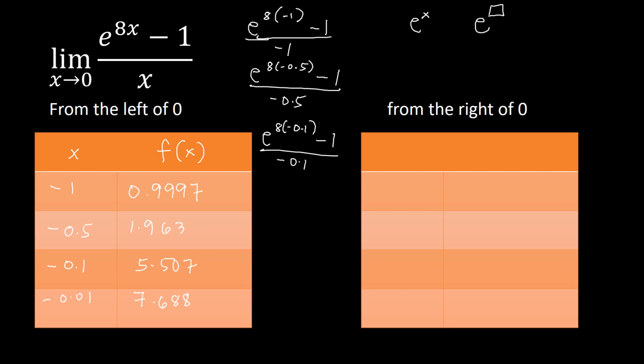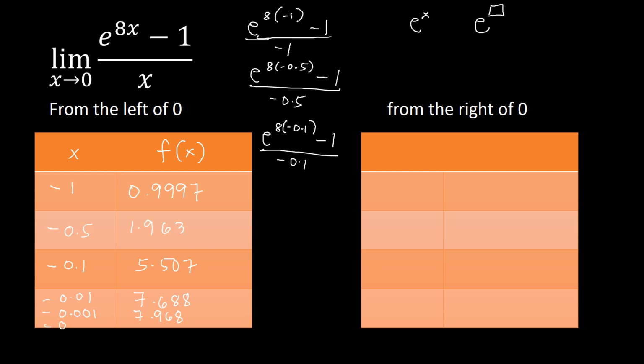And again, if you cannot see a pattern, you can go ahead and add more numbers that move closer to 0. So we can have negative 0.001, in which the value is 7.968. And if you do not see a pattern, you can just add more zeros.